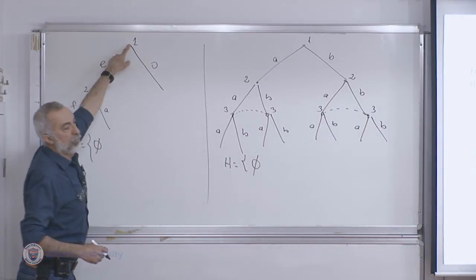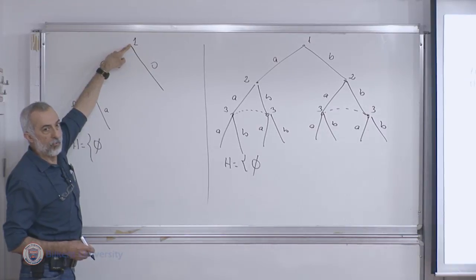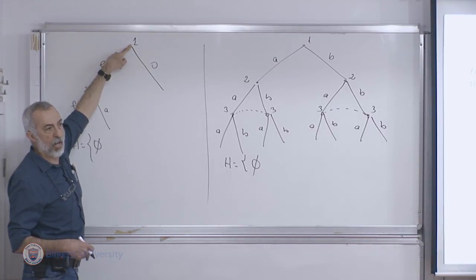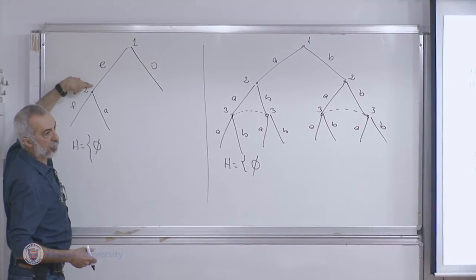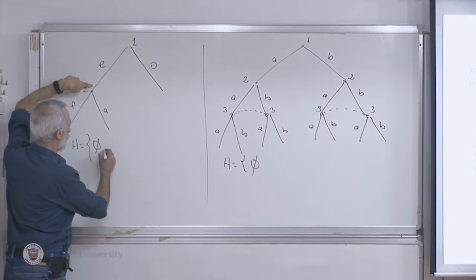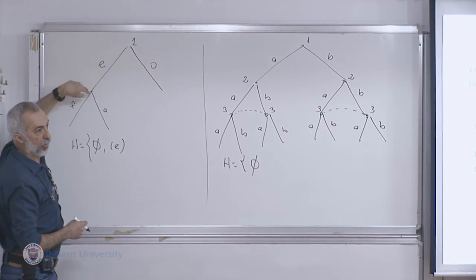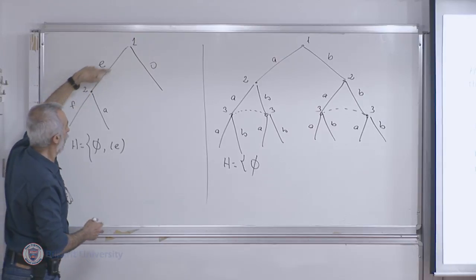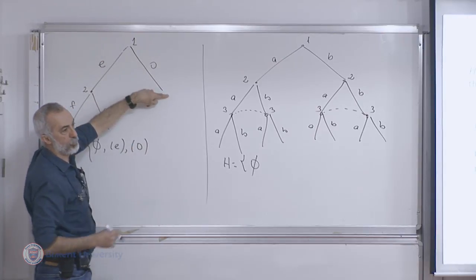So player one takes an action, okay? And hence something has happened. What has happened? Player one has taken the action E, so that will be denoted with the sequence E. Or player one can take the action O, stay out.